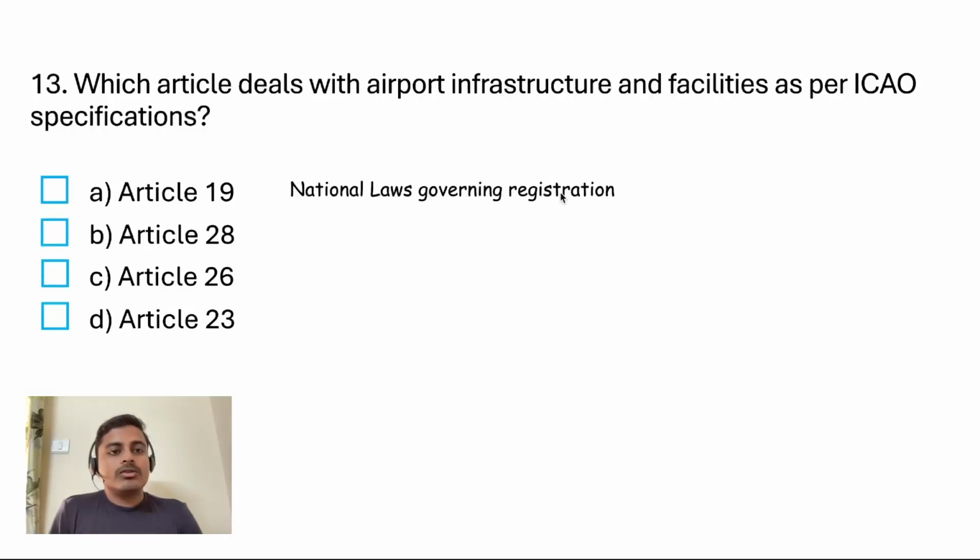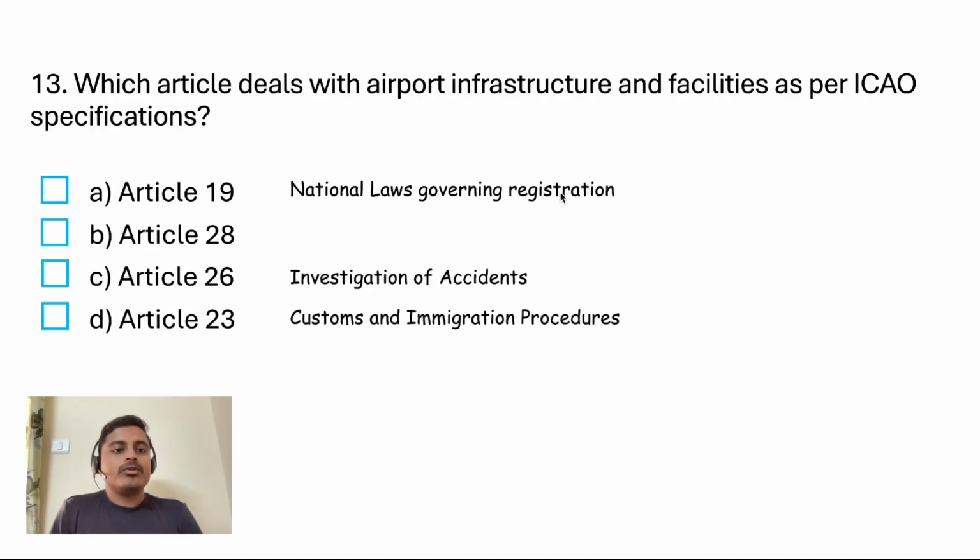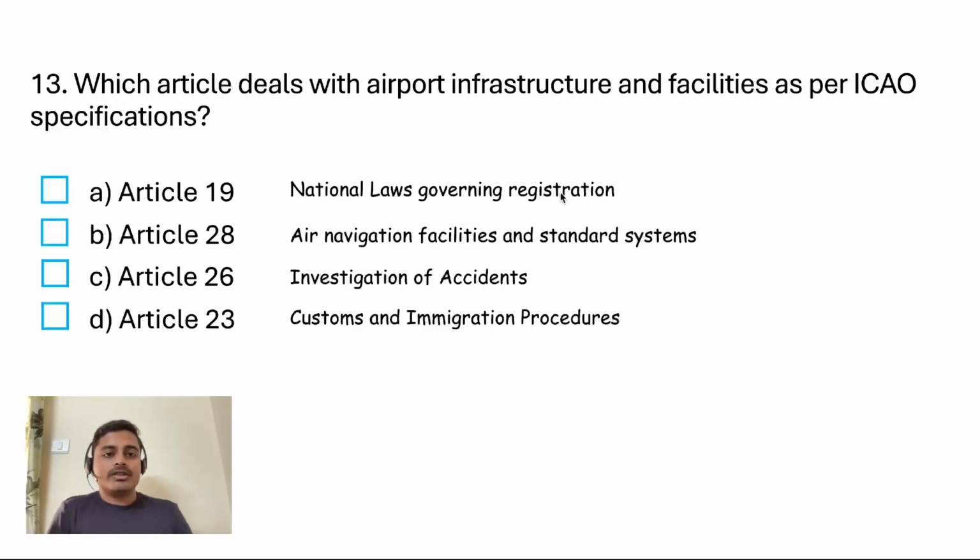Article 19 talks about national laws governing registration. 26 talks about investigation of accidents. 23 talks about customs and immigration procedures, and Article 28 is the one which talks about air navigation facilities and standard systems. So a country is expected to provide the air navigation facilities and other systems to the foreign aircraft with similar charges. So the correct option is option B, Article 28.